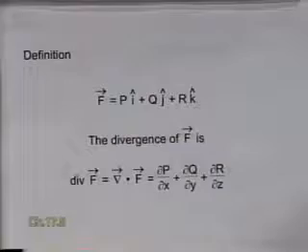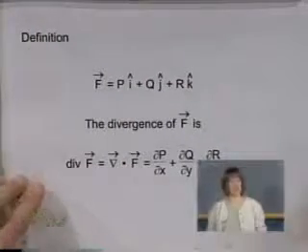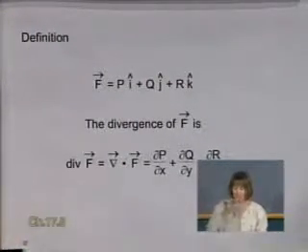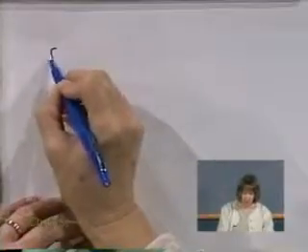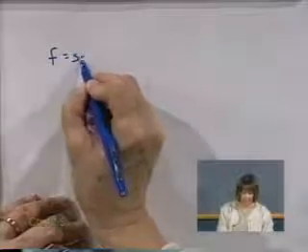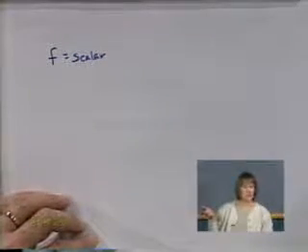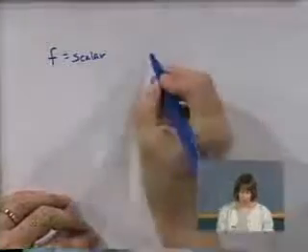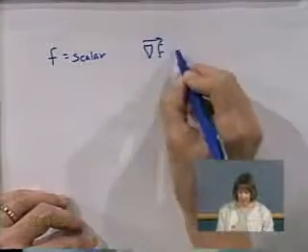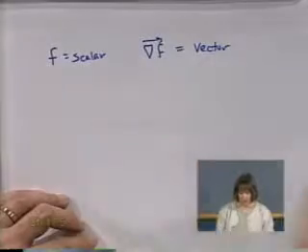We got to define the next one that's a whole lot easier to do than the curl. All right, so far notice we had a scalar function f. It was just like, for example, f of x, y, z equals 2x plus 3y plus 7z. The gradient of f gave you a vector function.